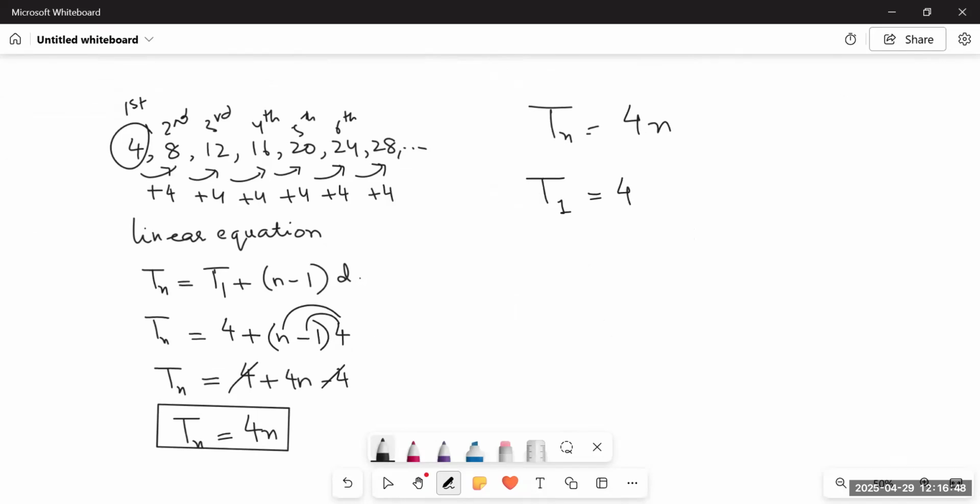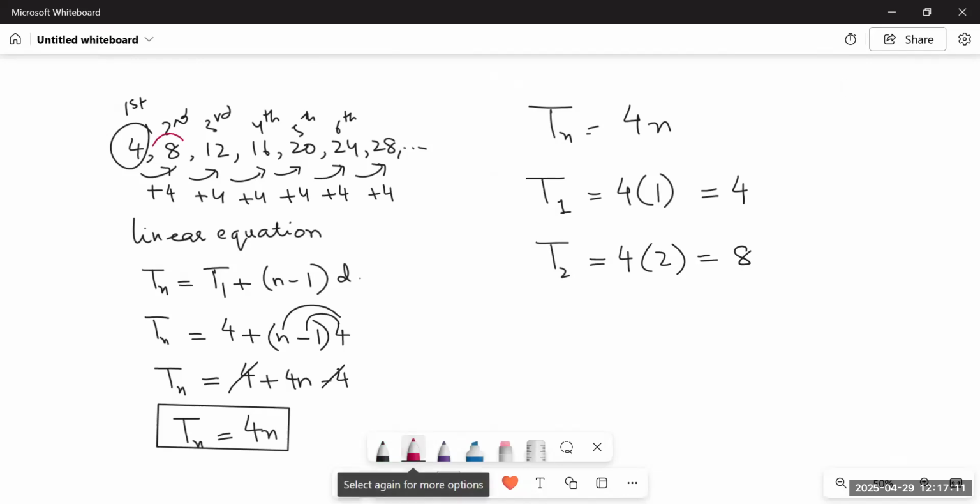T1 would be 4 ones are 4. So you see, my first term is equal to 4. This is T1, and 1 means the term at the first position. Then comes T2. T2 means the term at the second position would be 4 multiplied by 2 is equal to 8. So you see, the second term is 8.